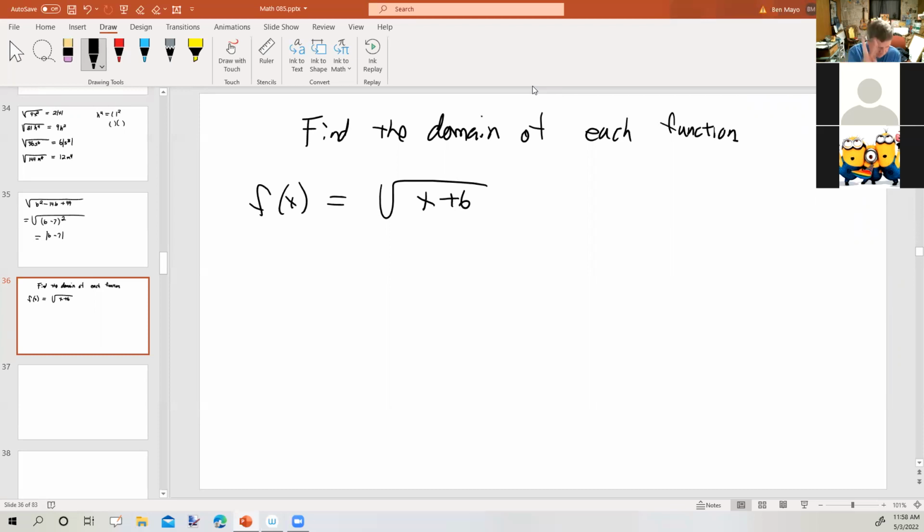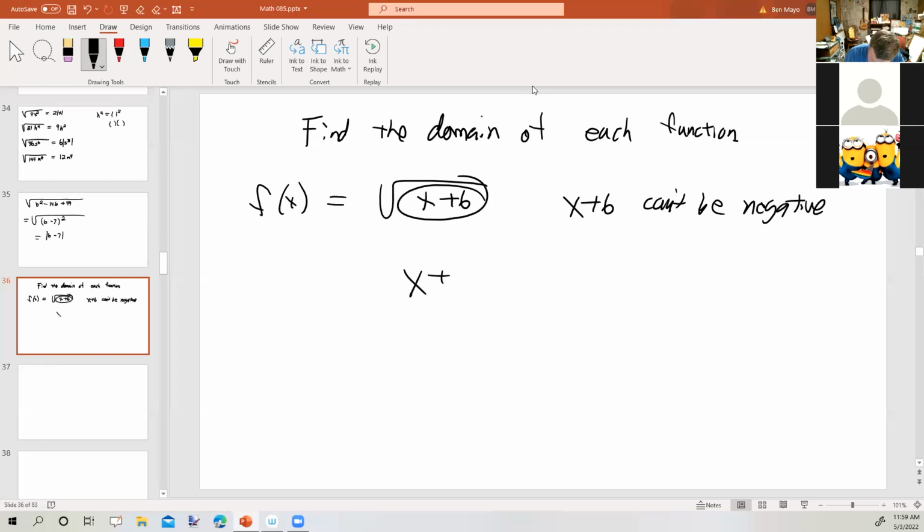All right. 2 big things. You can't take an even root of a negative number. And when you take an even root of a non-negative number, you can't get a negative answer. So if you've got an even root, the radicand inside can't be negative, and the answer outside can't be negative. So what I'm telling you is that this can't be negative, okay?